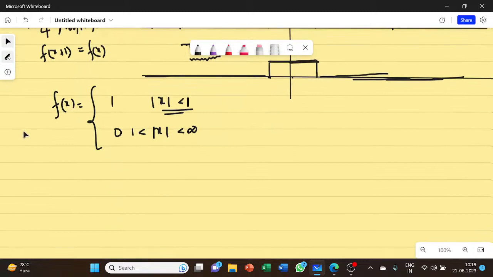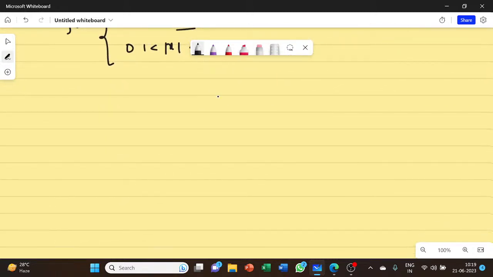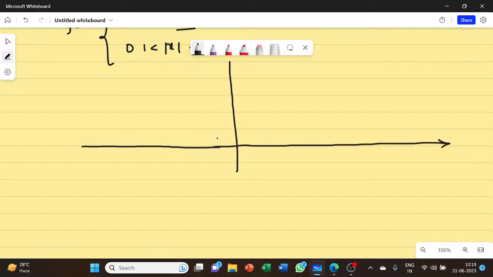Or let's say another example I'm saying. So for example, if I want to take an example of e की power minus mod x. So how do you make e की power minus mod x? You make e की power minus mod x this way. And I'm restricting the function till this only. Let's say till this particular point. Let's say this is minus t by 2 and plus t by 2. And now let's say that my function is periodic with period t. So what will happen?